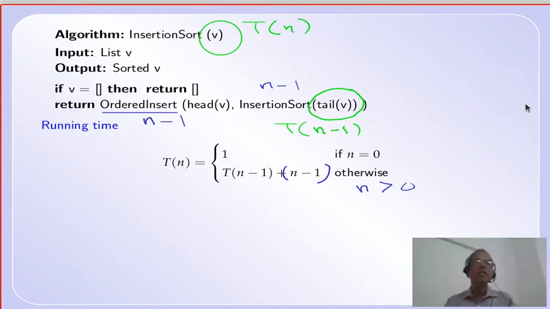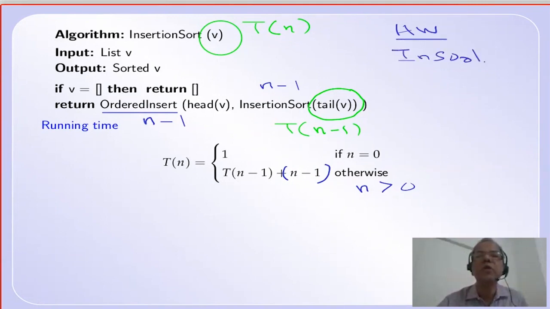We have not yet discussed how to analyze the running time of an iterative algorithm. Therefore, running time analysis you can keep pending, but the homework is to implement insertion sort using array. Okay, let's go on.